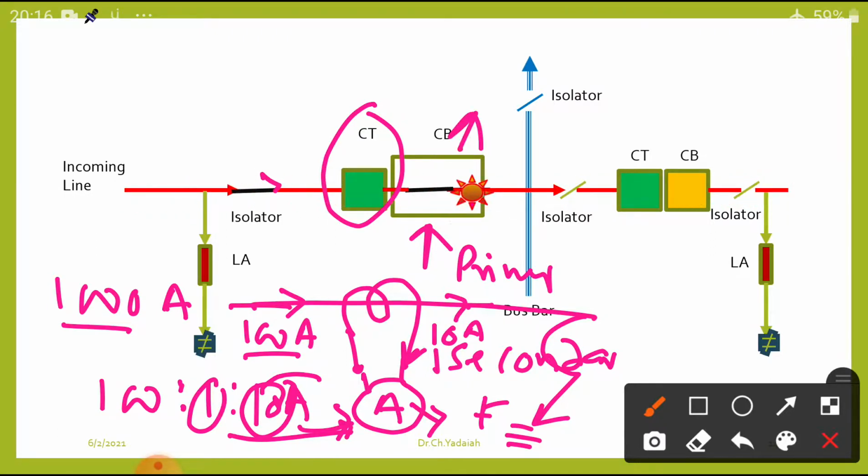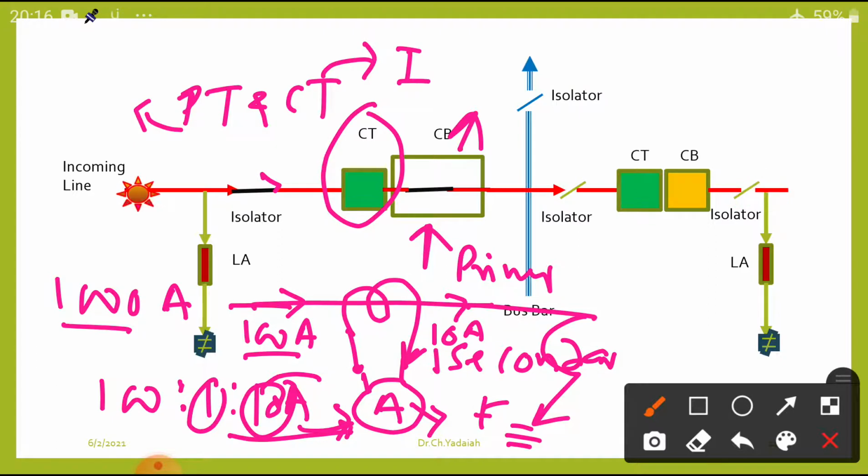So the circuit breaker only operates with a signal from the relays. The relays work based on our instrument transformers, the PT as well as the CT. The CT measures the current and the potential transformer, the PT, measures the voltage. Okay, so these are the CT purposes.